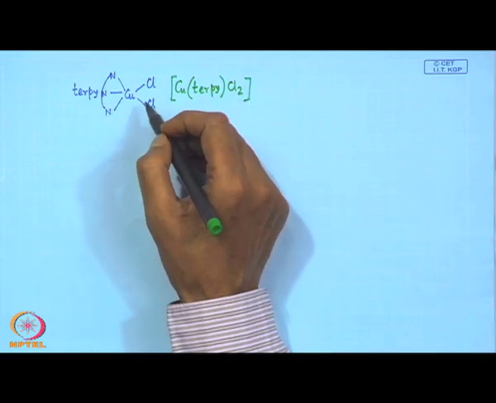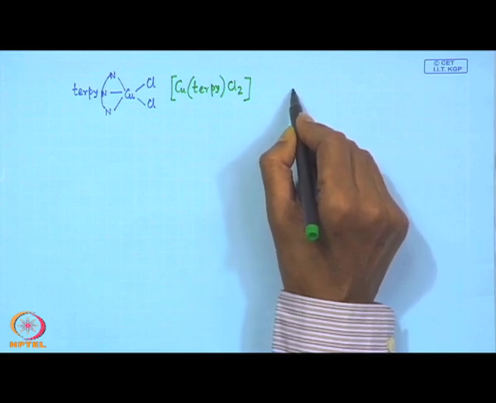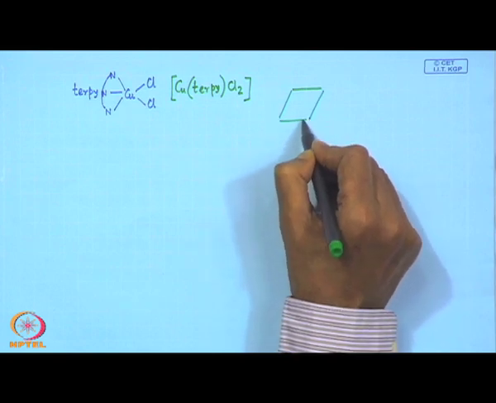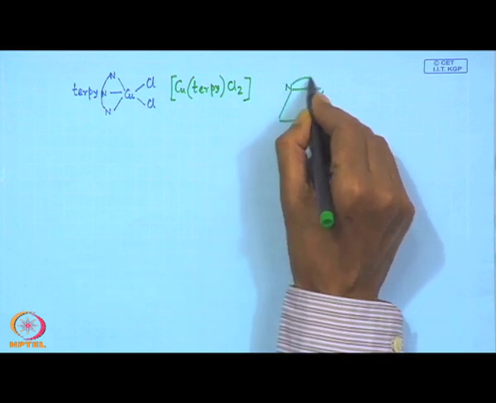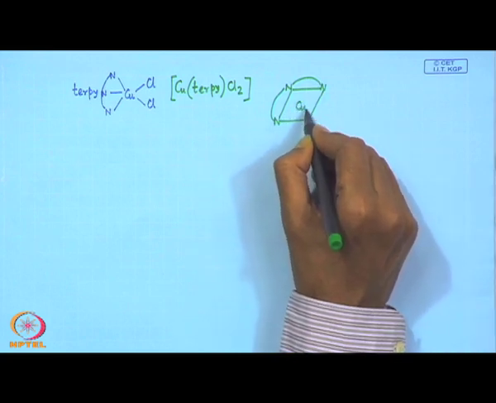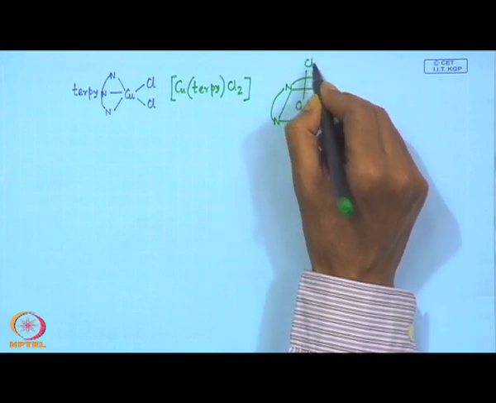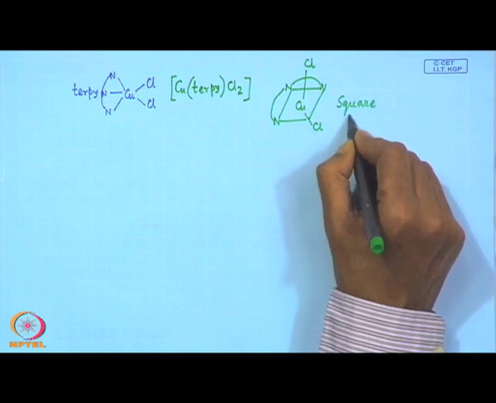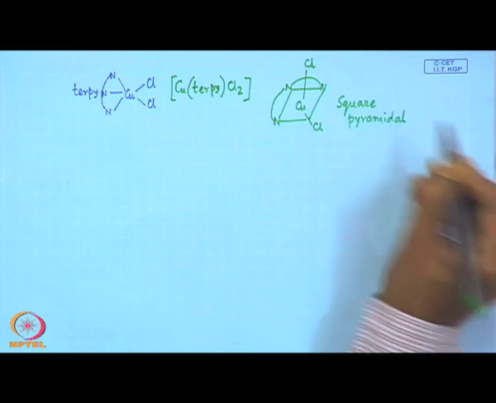So, the structure of this particular molecule is completely different, because what we have seen is that in case of palladium or any other square planar molecule, the nitrogens are binding through these points, and if we have copper, this is the Cl and this is another Cl. So, it is square pyramidal in geometry.